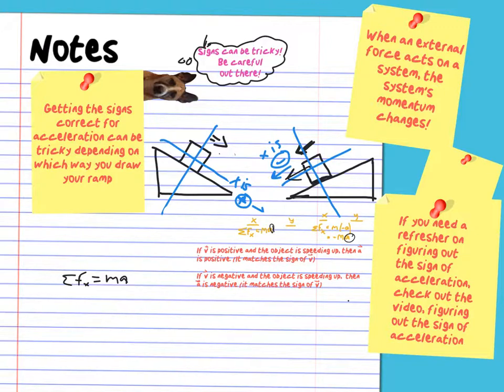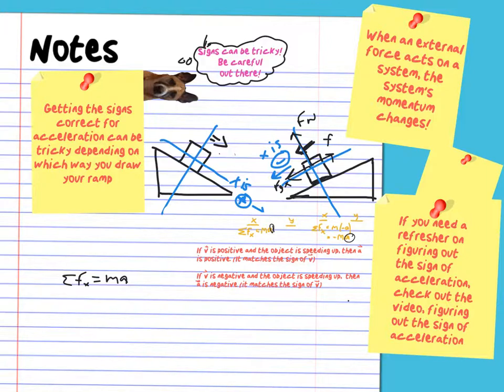This is your force of gravity, this is your normal force. This is the force of gravity, I should say, in the x direction, and this is the force of friction. I've already broken it up into components. We went through this.